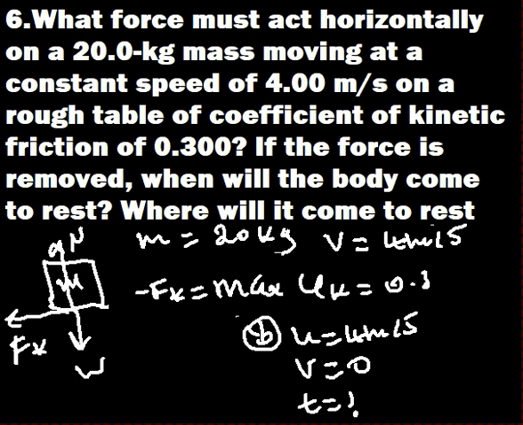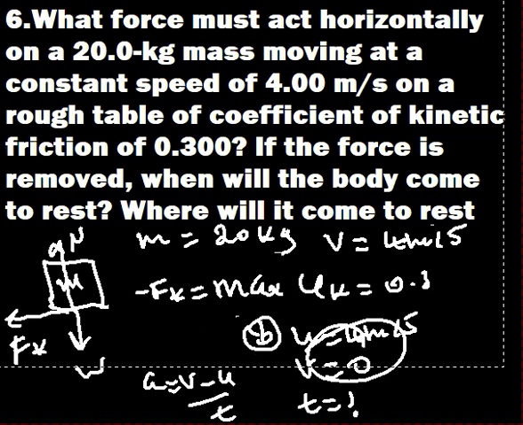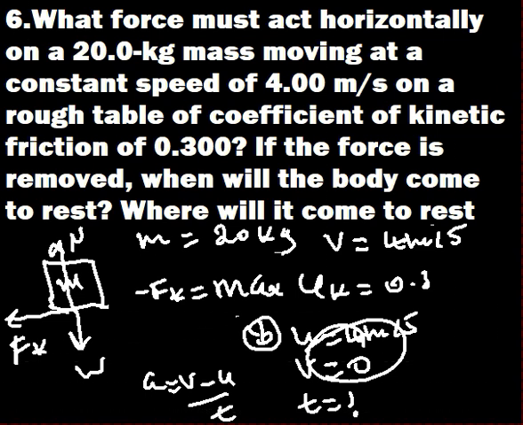Then, using the equation acceleration is equal to v minus u over t, you'll be able to have the time. And the other question says, where will it come to rest? We are looking for the displacement, and you can have it there. So that's how you start to understand the aspects of the friction force related to the motion of the object.